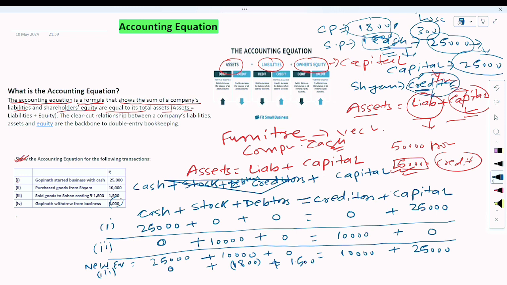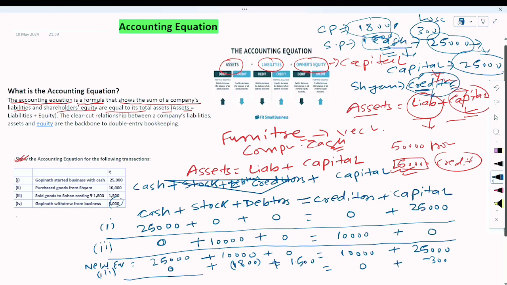Your debtor will give you only 1500, not 1800 or 2000. The impact on creditors will be 0. Since you are getting a loss of 300, your capital value will also be reduced by 300.